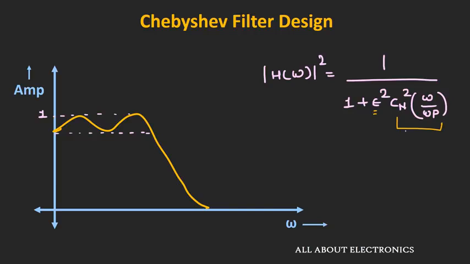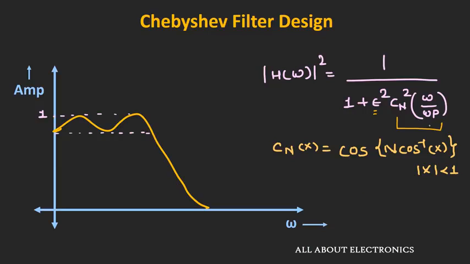This polynomial is also normalized with respect to the cutoff frequency or passband frequency omega p. Whenever this term is less than 1, that means for frequencies less than omega p, the function can be represented by this equation, and as you can see it has a periodic behavior.